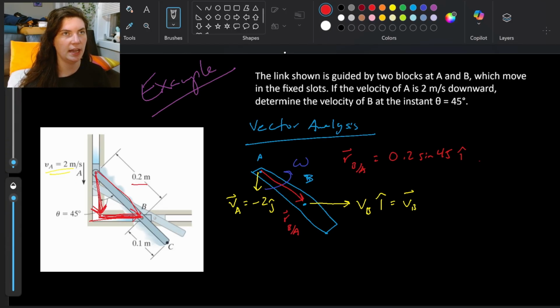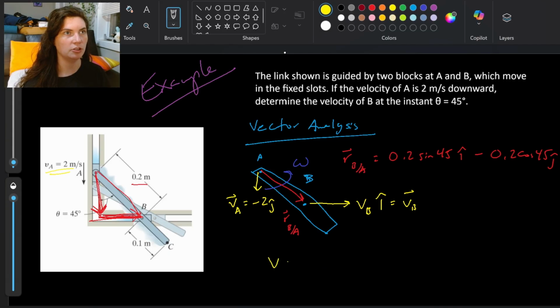And then my j hat, my y, is in the negative y direction: 0.2 cosine 45 j hat. So that's my full position vector for this guy. All right, so we've written out all of our components and defined them in their Cartesian forms. Now let's start putting some things together.